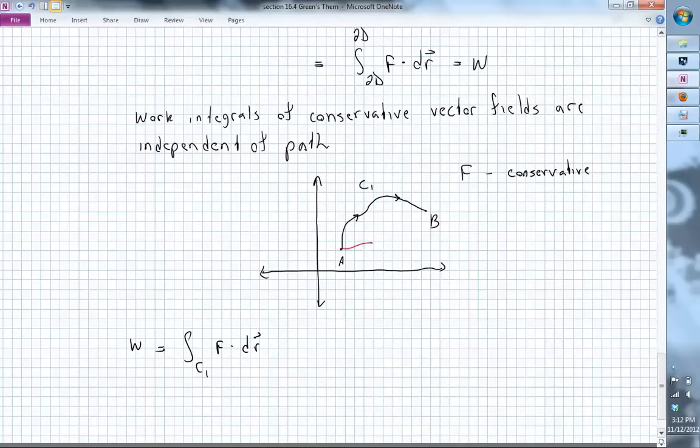So let's put in another path like that, and we'll call that C2. I don't really care what it does. If I put in another path like that, I'm going to create a path that, together with the first path, encloses a region.